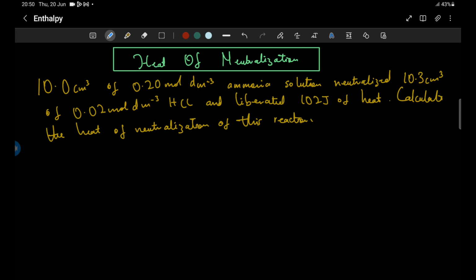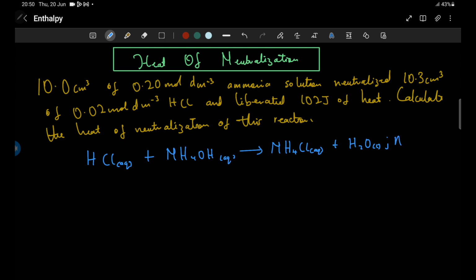Now, first things first, you write out the equation with the state symbols. All right, we have that stated. And the product, that's ammonium chloride with water. Now we're required to get the heat of neutralization, which we do not know at this point.